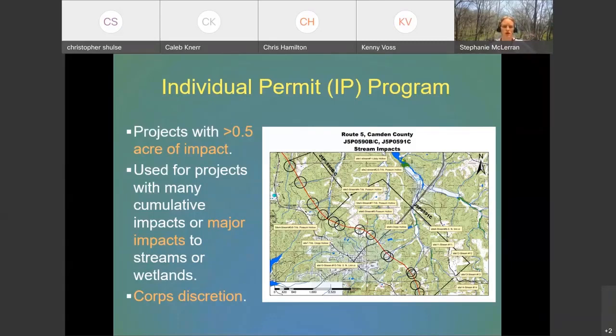If you have that many crossings impacted, that's probably going to exceed the half acre of impact. Or they might look at it like each crossing is its own project. That just depends on the district. It's my understanding it's Corps discretion.